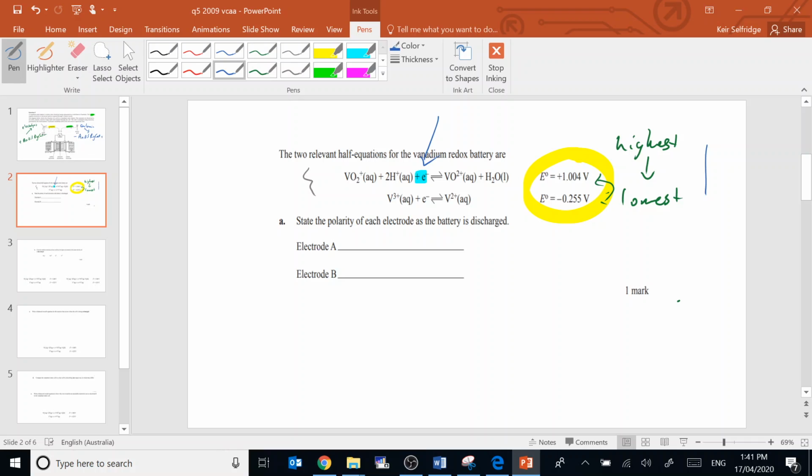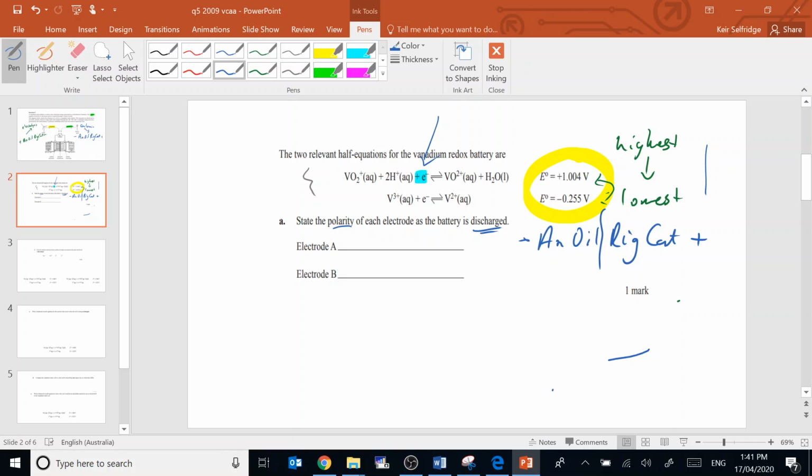So we have to state the polarity. It's asking for a plus or minus of each electrode as it is being discharged. And discharged means it's galvanic. It means it's downhill. It means it's an oil rig cat. This is positive, this is negative.